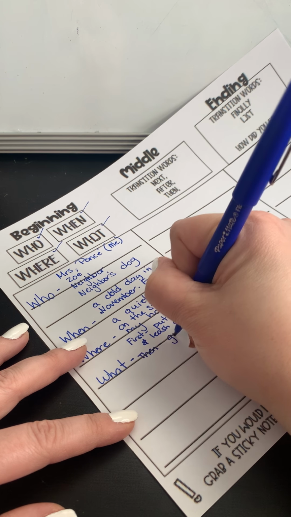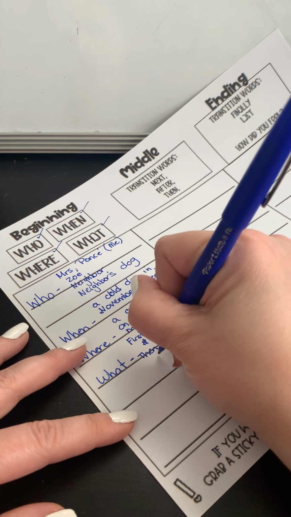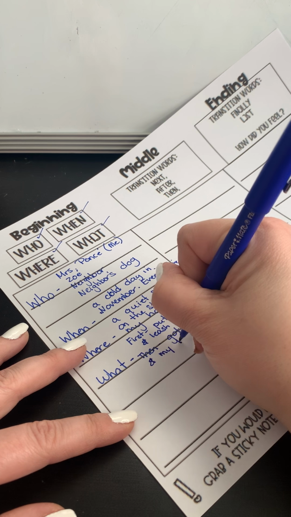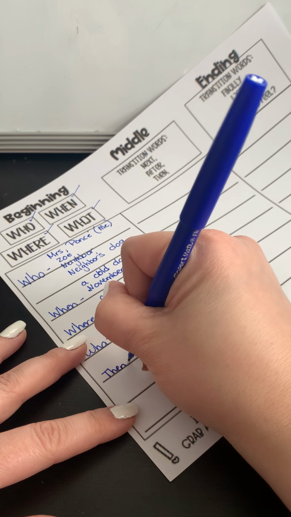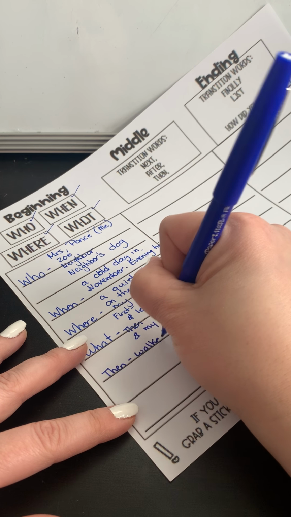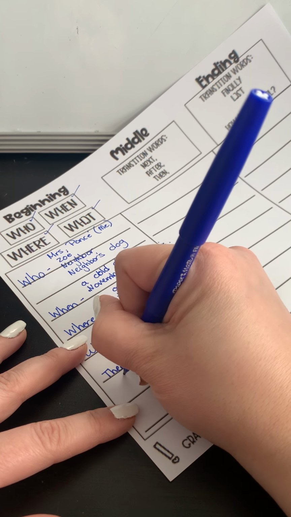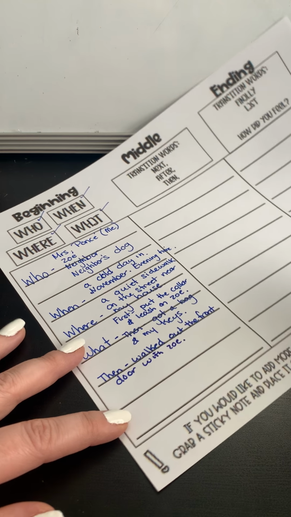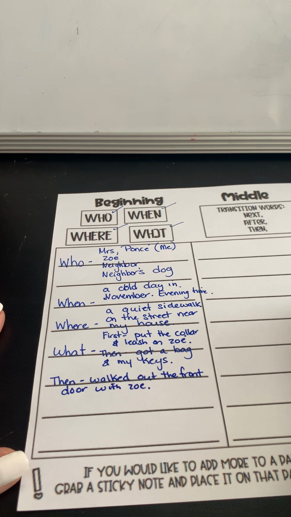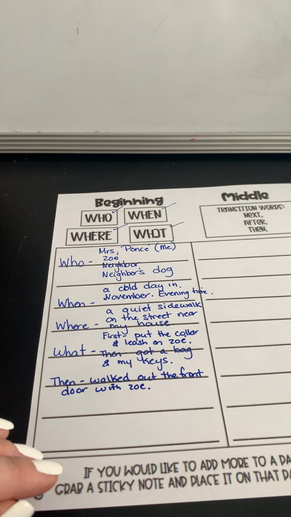Then got a bag and my keys. Then walked out the front door with Zoe. Okay. So this is kind of what happened at the beginning of my story.